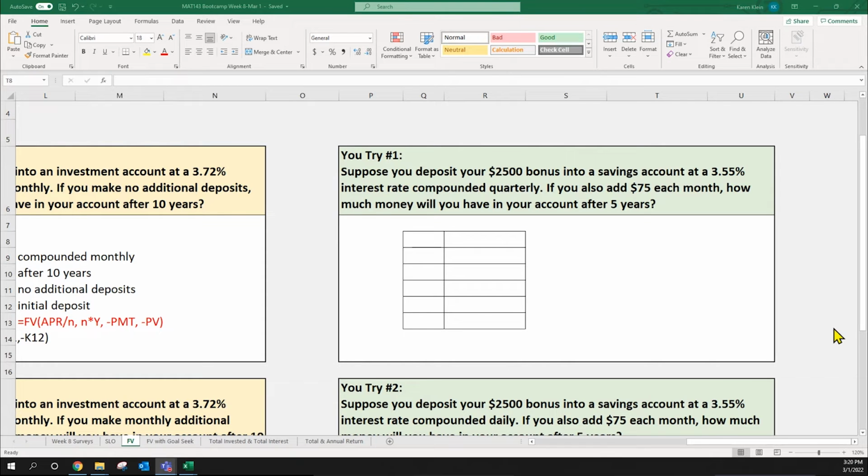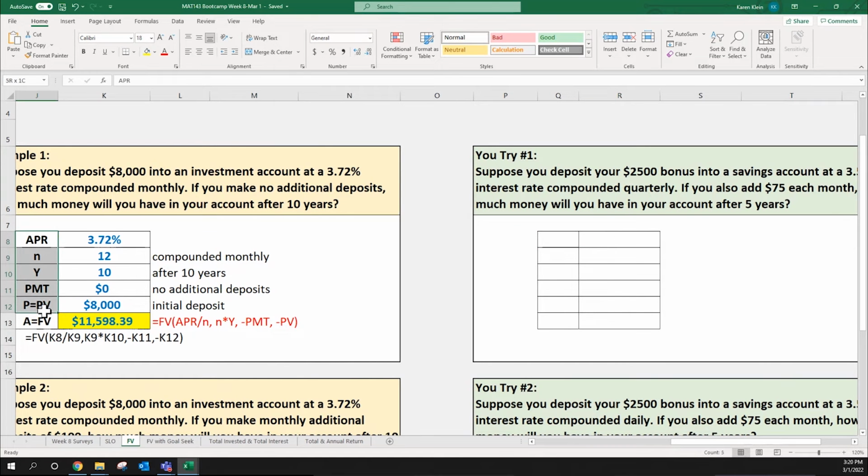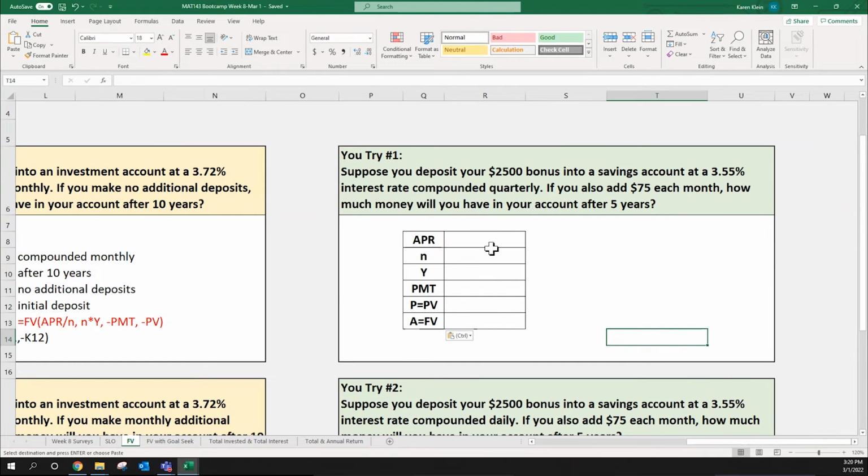Karen, can I ask you a question? Go ahead. So I completed the Desmos, and I'm just trying to get an explanation for it. If you do not enter in the percentage sign, it changes your entire answer. Yes, that's correct. There are two different ways for you to enter in your APR. Either you can put it in as a percent, or if you write it as a number, then it should be written as 0.0355.